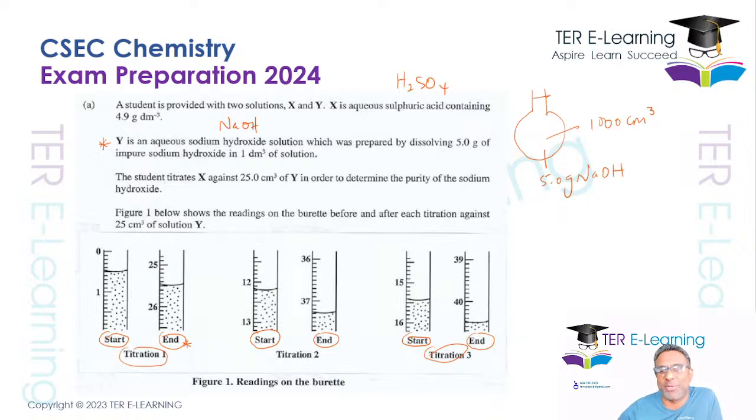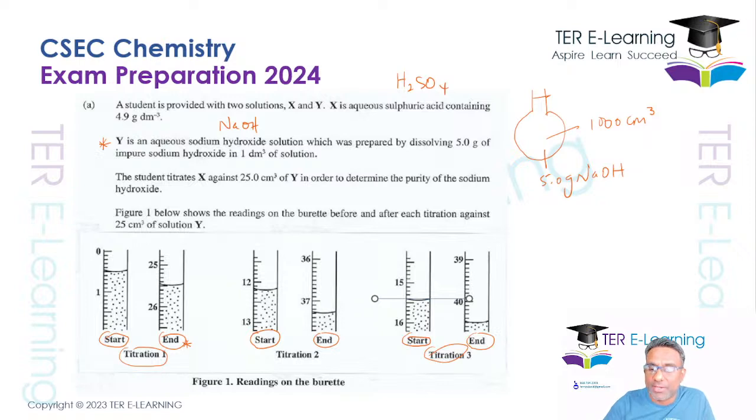I'm surprised some of you are getting it correct. So if you look at it carefully, this is what I suggest you do in the real exam. If you have to read off some burette readings, take a ruler and read off the bottom of this.